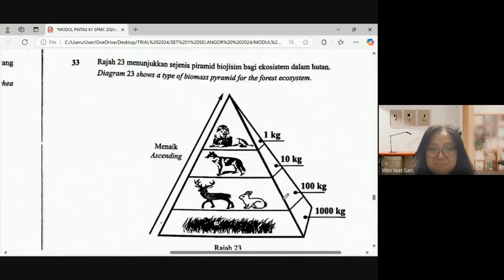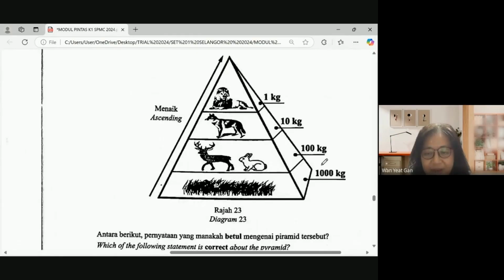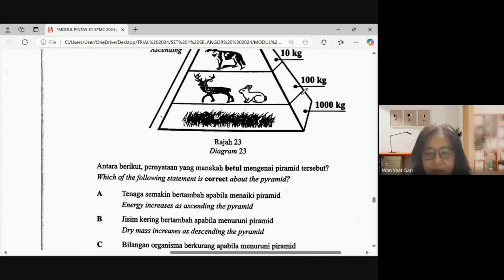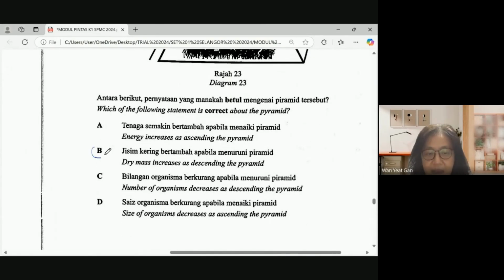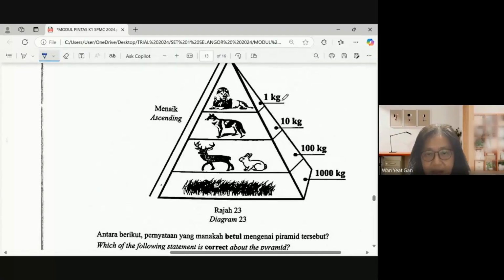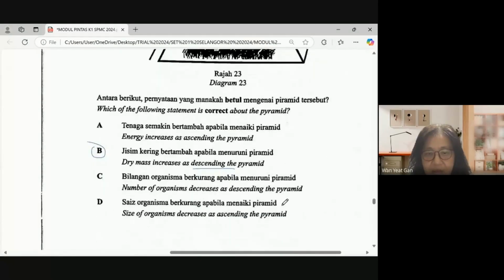33. Diagram 23 shows a type of biomass pyramid for the forest ecosystem. So you can see that the mass is decreasing. So since it's showing mass, therefore B is the answer. Dry mass increases as descending the pyramid. So we can see that as we descend the pyramid, the mass of the organism increases.